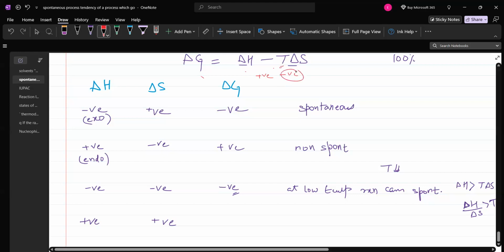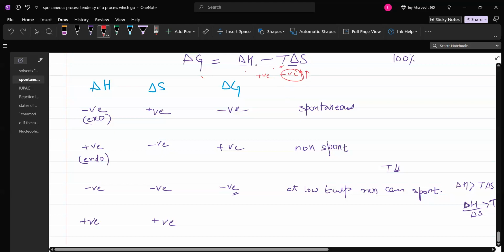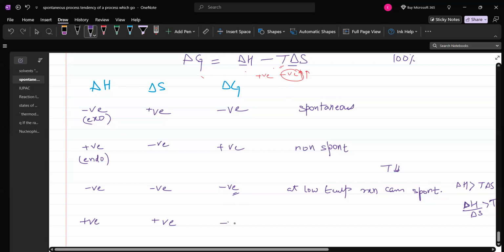If we increase the temperature, this negative thing will increase, and we want this to be negative only. So it will become negative at high temperature. At high temperature, the reaction can be spontaneous.